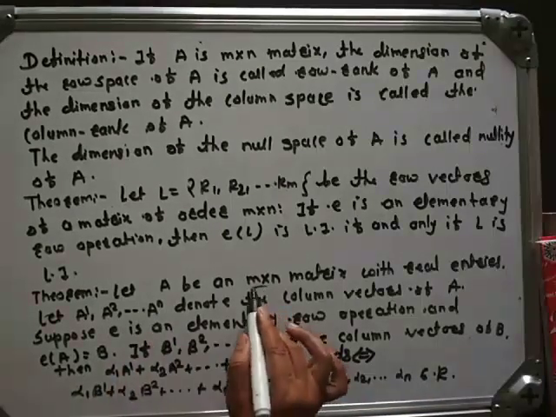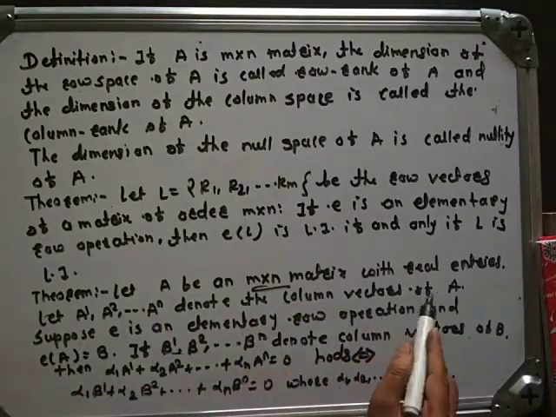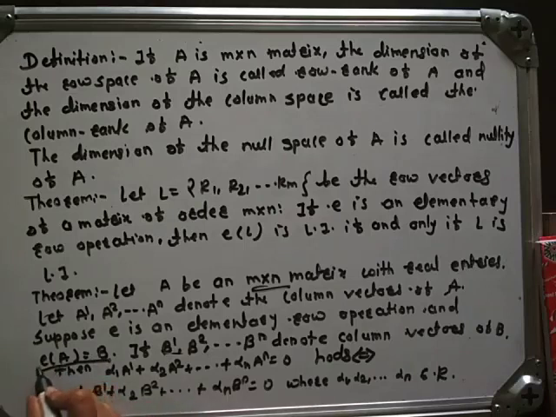Let A be an m by n matrix with real entries. A1, A2, An denote the column vectors of A. Suppose E is an elementary row operation and E of A is equal to B. Means what? If you apply elementary row operations on A, you will get matrix B. Okay?